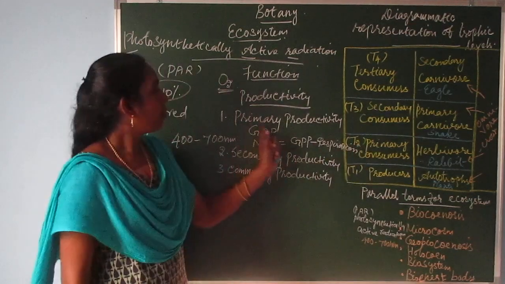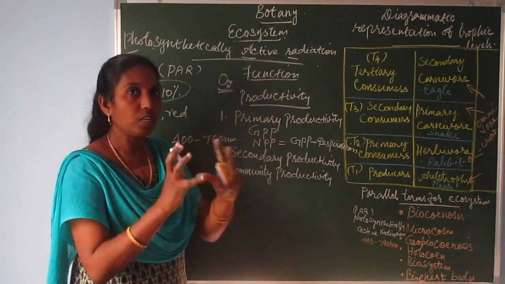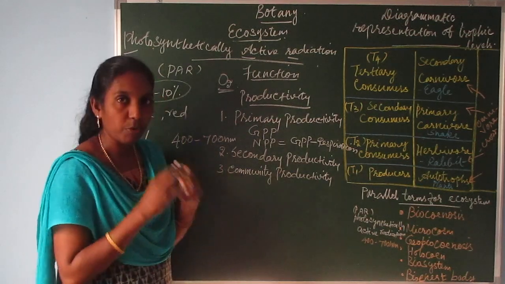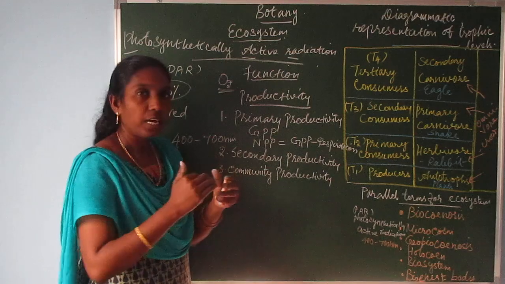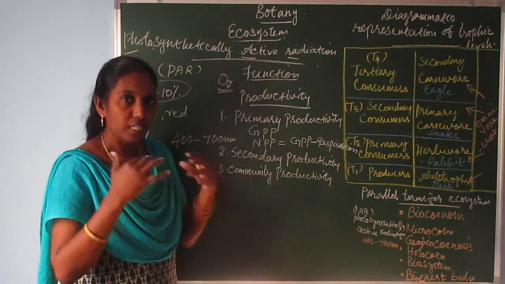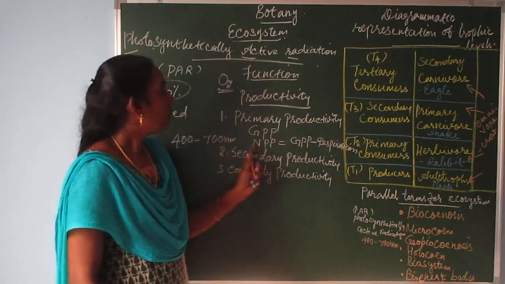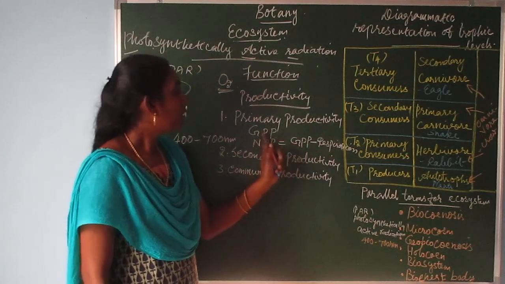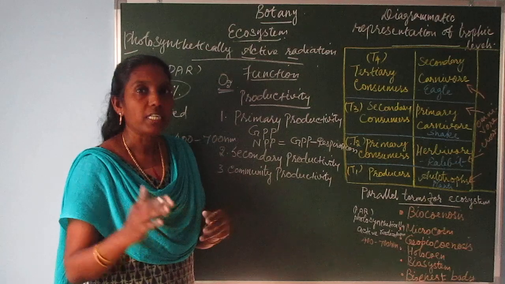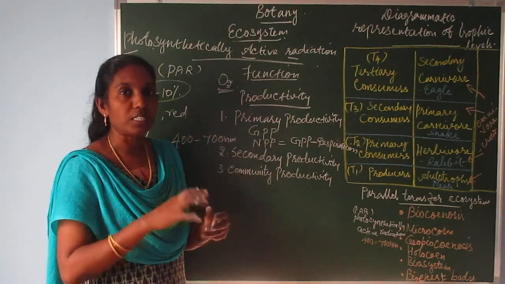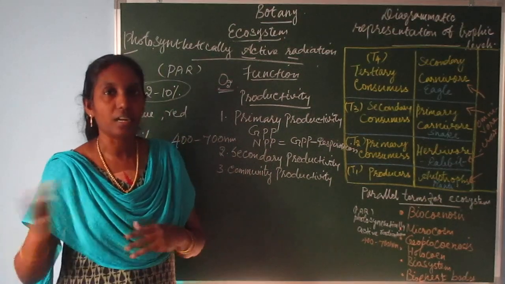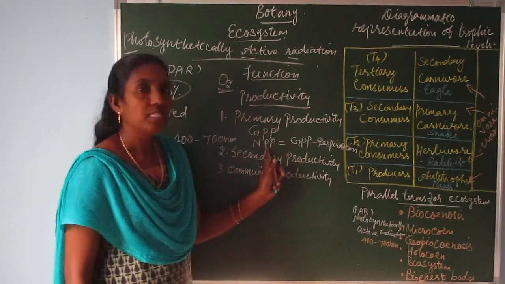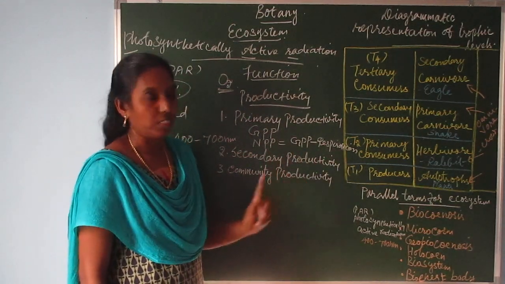During respiration, a certain amount of energy is released and lost. So that is called net primary productivity.